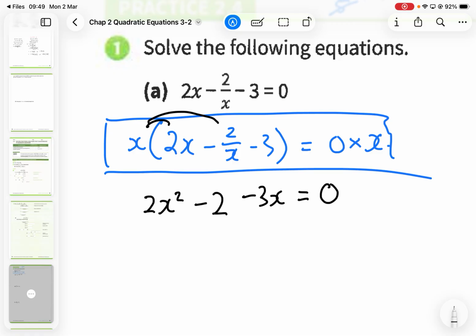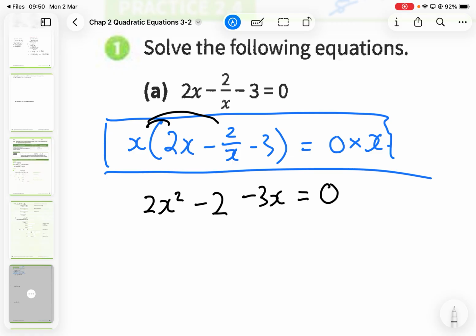So everything inside this equation, I must multiply by x. Then 2x multiplied by x becomes 2x squared. Minus 2 over x multiplied by x becomes minus 2. Minus 3 multiplied by x becomes minus 3x.